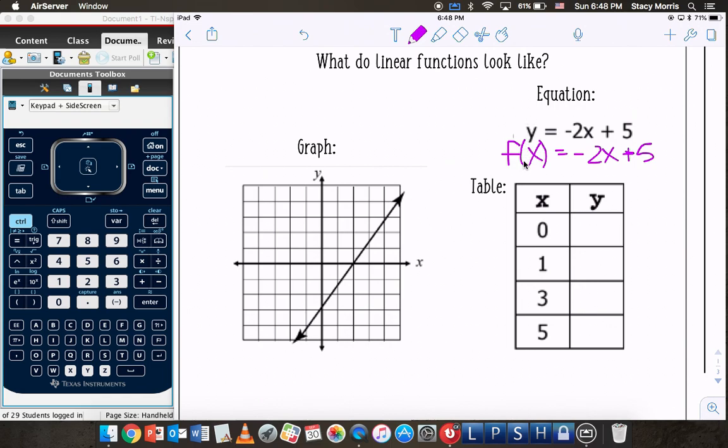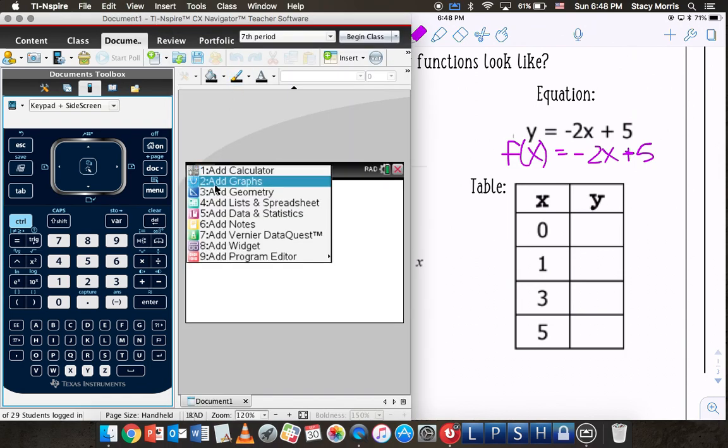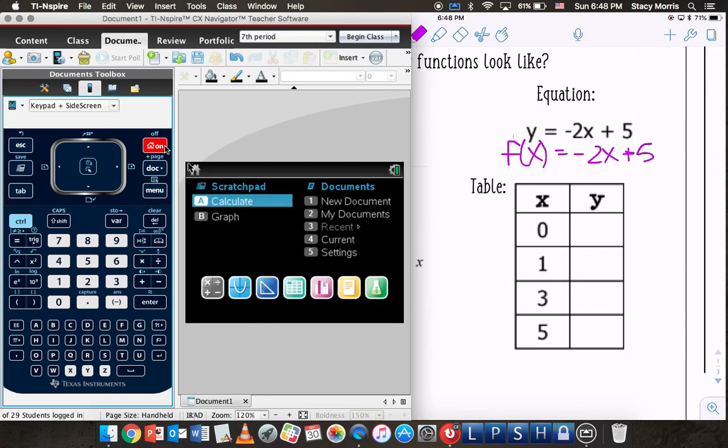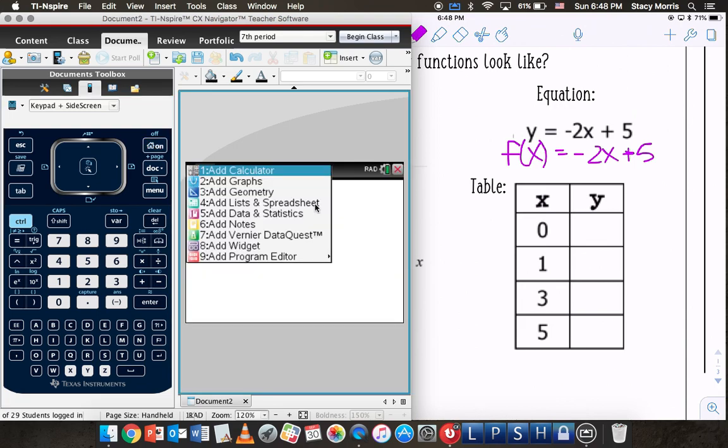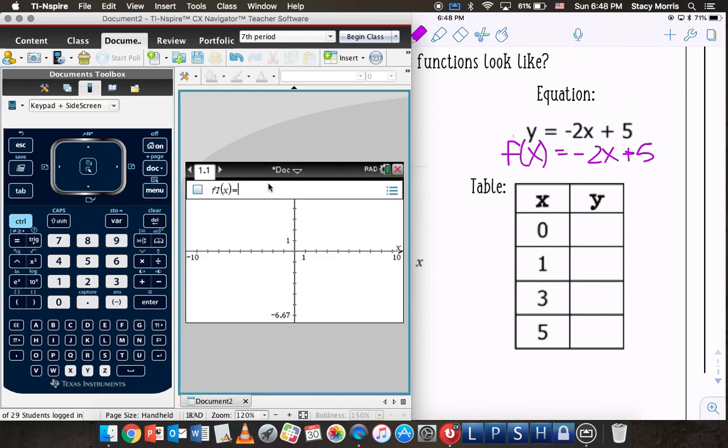Either one of those is fine, but my calculator is going to use f of x, and I want to use f of x whenever possible. So we're going to go to our calculator, and we're going to graph this line, f of x equals negative 2x plus 5. On my calculator, I'm going to add a graph. If you're at the home screen, you would do a new document, add a graph, and notice there it is. It's in function notation.